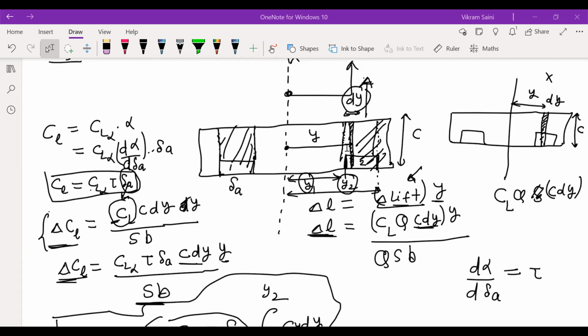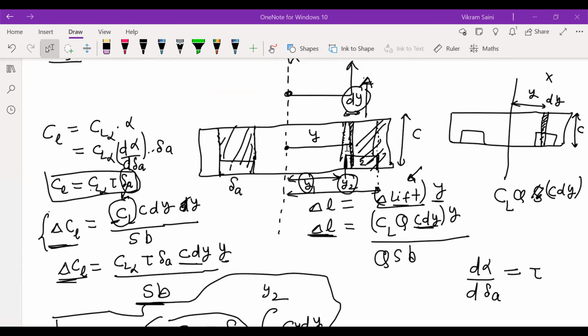Delta CL? Are you talking about the moment or the lift? CL, yes, the lift. Because on one wing it is increasing and on the other decreasing, the expression here shouldn't be equal to 0 for delta CL.